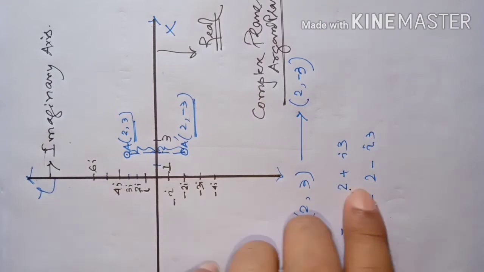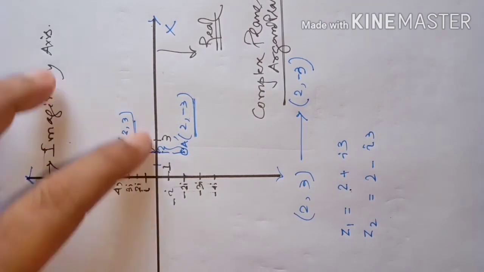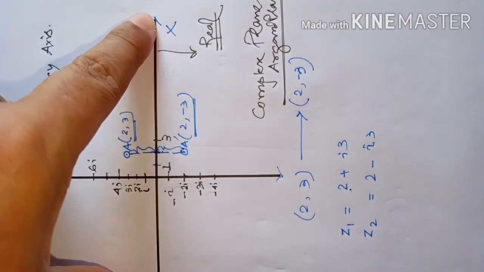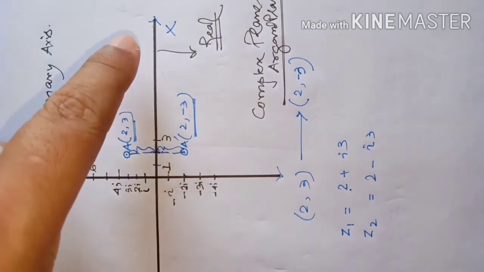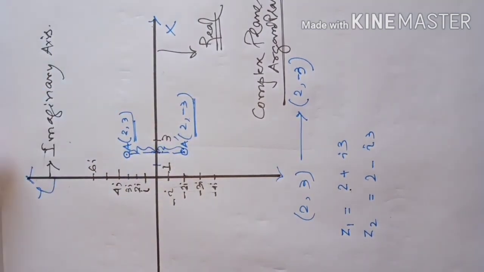What will this axis be called? Imaginary axis. What will this axis be called? This one is the real axis. The x-axis will be the real axis.